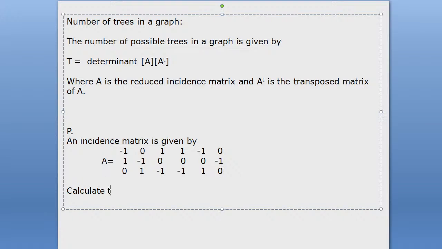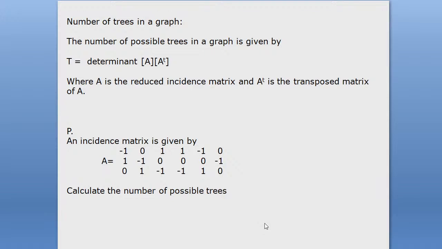So how do you calculate the number of possible trees? I have given an incident matrix.